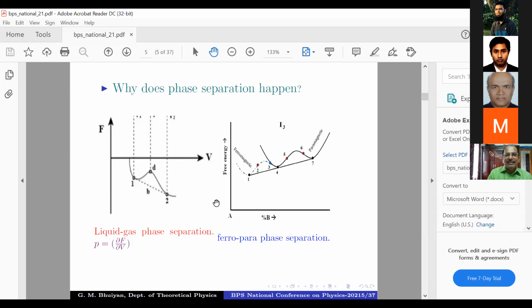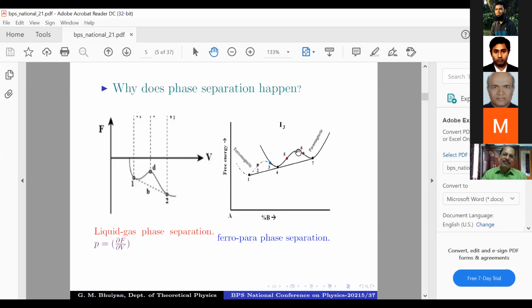Let us see a different phenomenon, magnetism. In the case of magnetism, you see the ferro to para transition. If we calculate the free energy, here it is the AB mixture, and the percentage of B is increasing in this way. You see similar behavior of the free energy. It comes down and goes to a minimum, and then it increases and goes down and again increases.